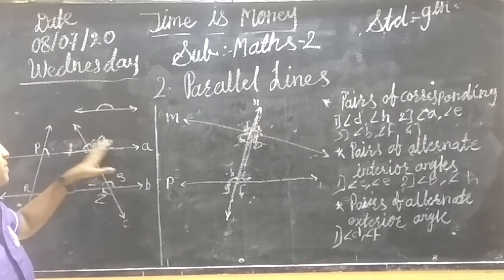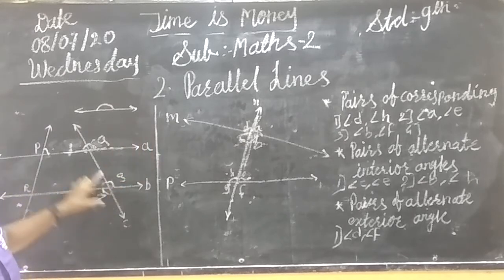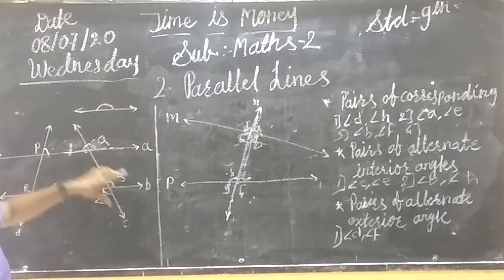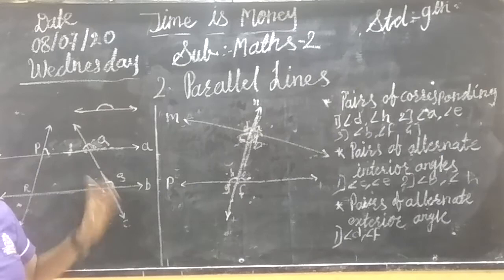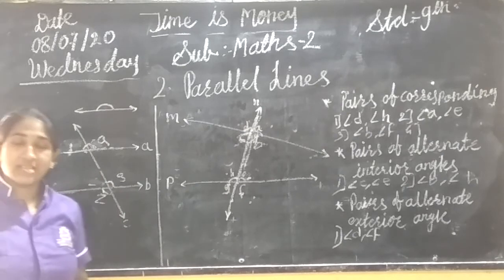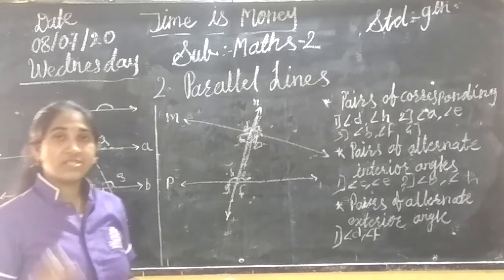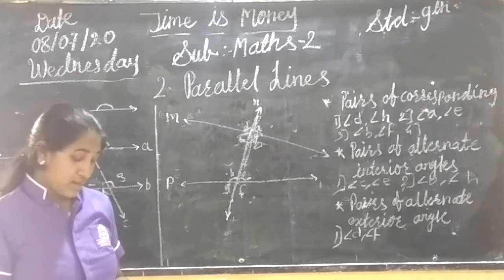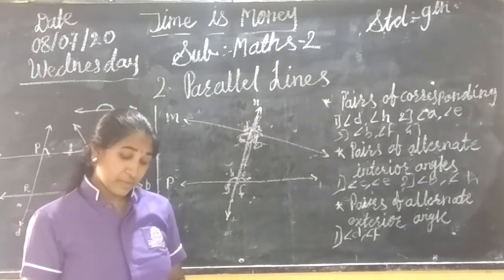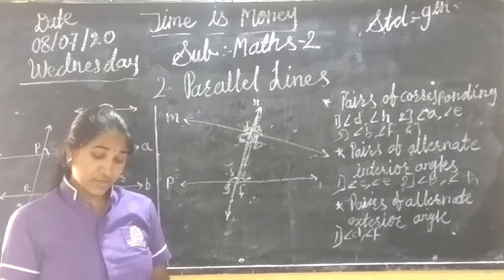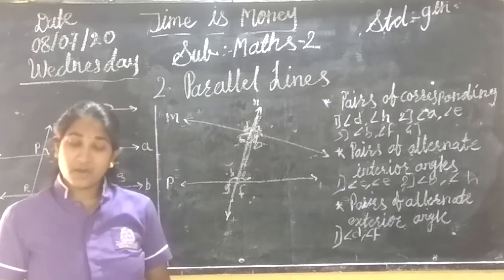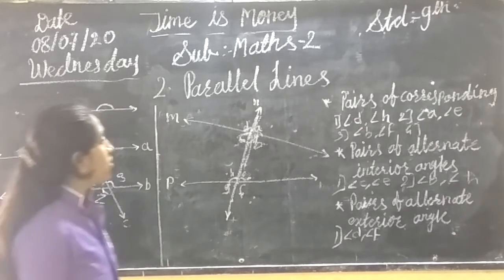That means linear pair is 180 degrees, and opposite angles are congruent. You just have to remember that. Then when one pair of corresponding angles is congruent, all remaining pairs of corresponding angles are congruent.